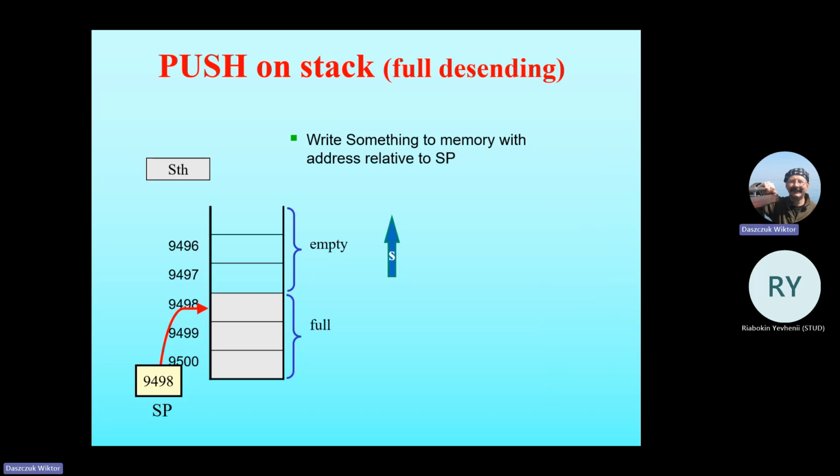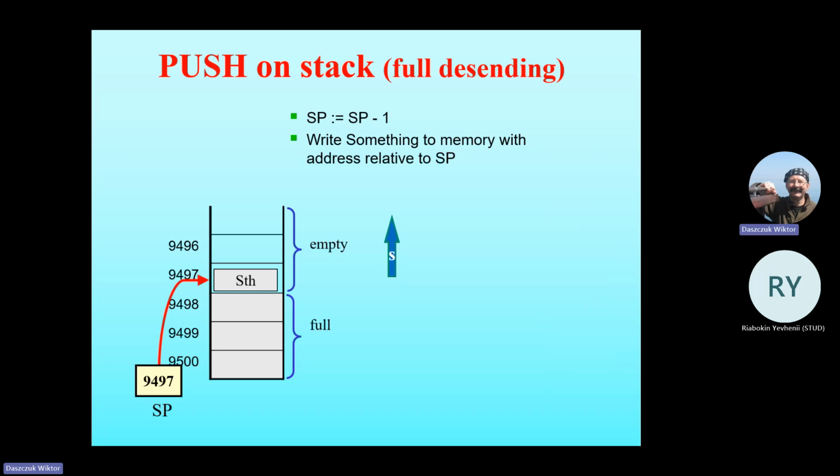And here we have how the stack operates. Probably you know from the computer architecture course that we have the stack pointer register. We have something that is pushed on the stack. So it is a full descending stack. Full means that the top of the stack is full. Descending means that it grows towards lower addresses.